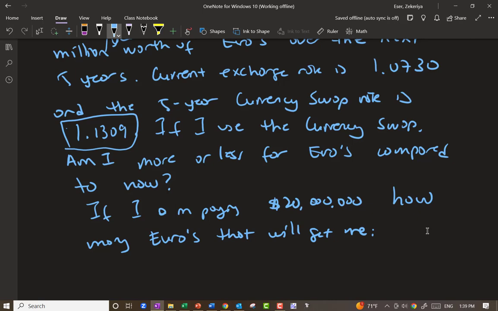Remember, euro is in the so-called indirect quotation. It's the value of one unit of foreign currency in domestic currency.